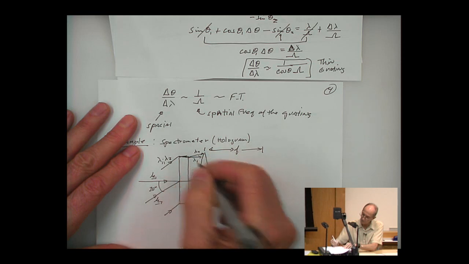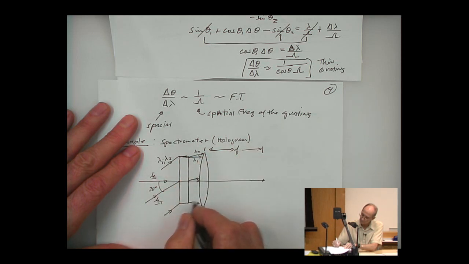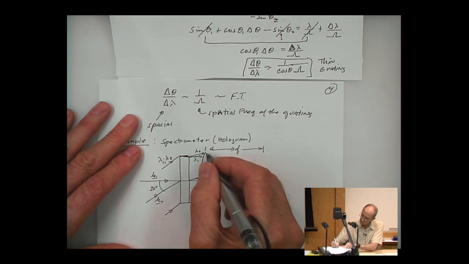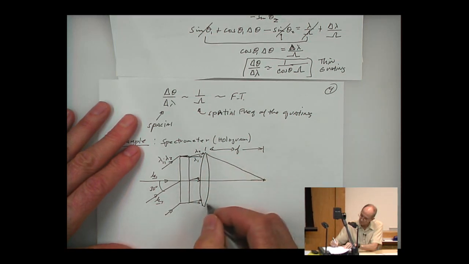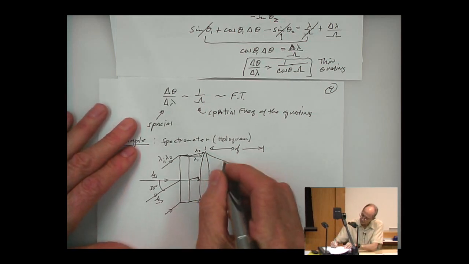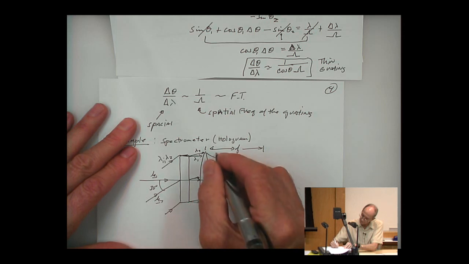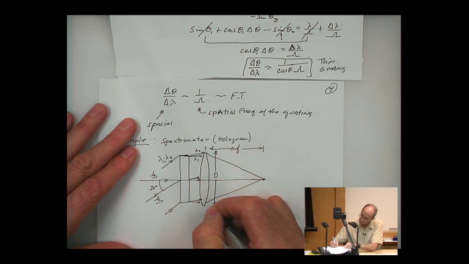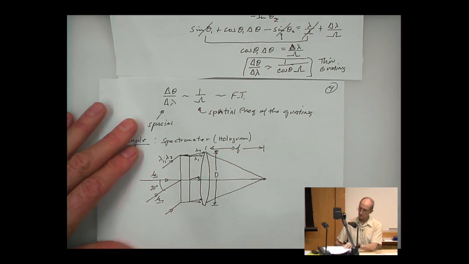But let's look at lambda 1 for now. Lambda 1 is going to come to focus there. So we have a focal length, and of course we're going to have some aperture size too.